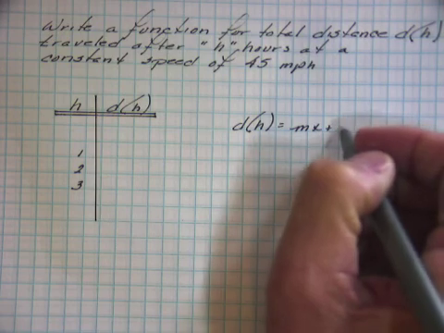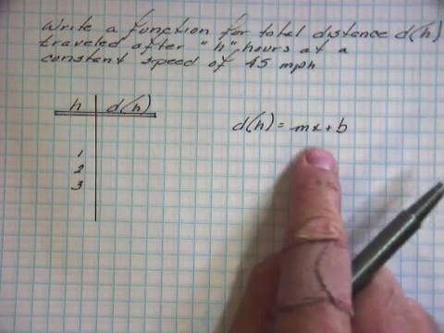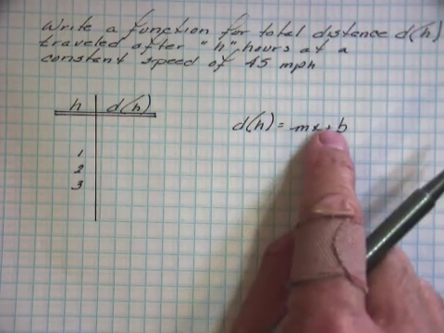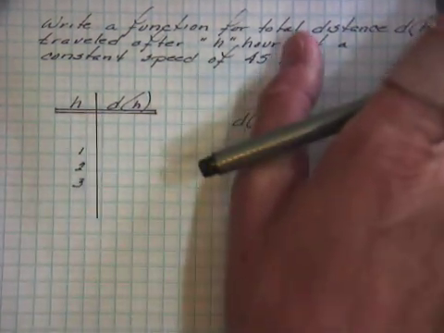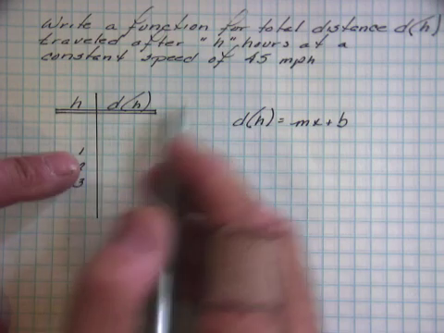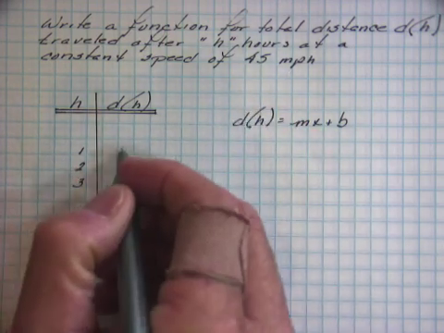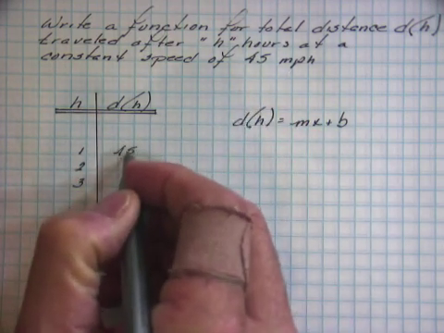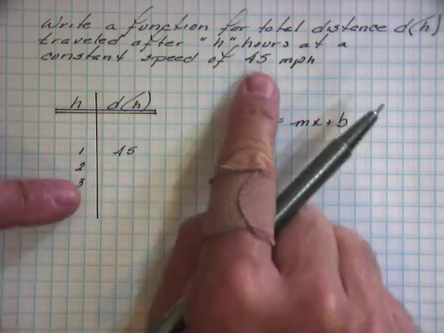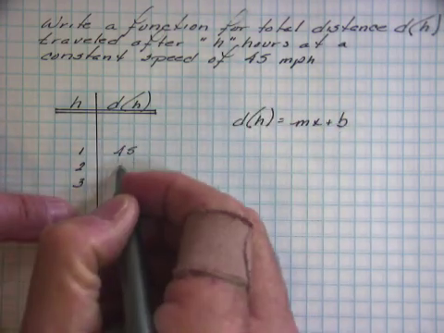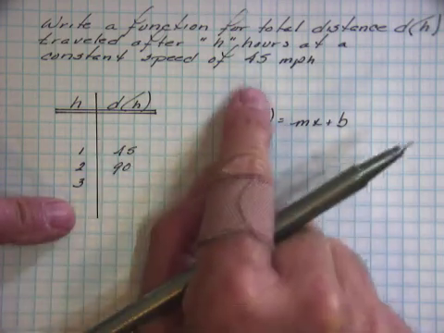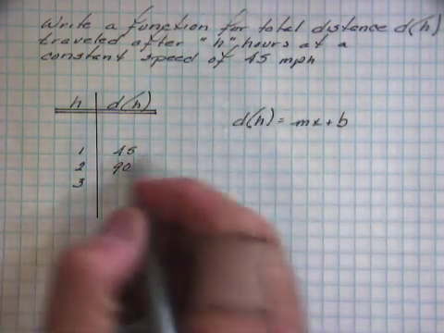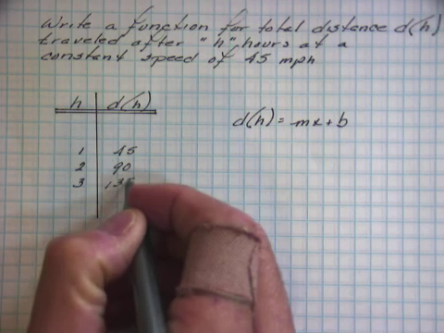Okay, so d of h equals, I can still use mx plus b, okay? So that's the slope-intercept form. Now I'm going to come over here to the table. Now just use logic. If I go for 1 hour at 45 miles per hour, I'm going to cover 45 miles. If I go 2 hours at 45 miles per hour, I'm going to cover 90 miles.